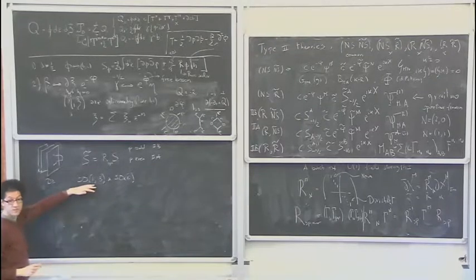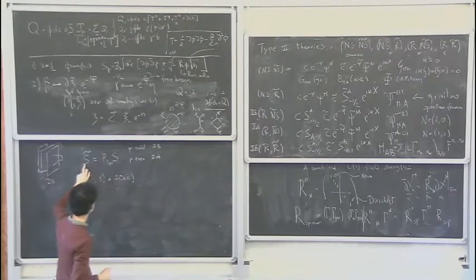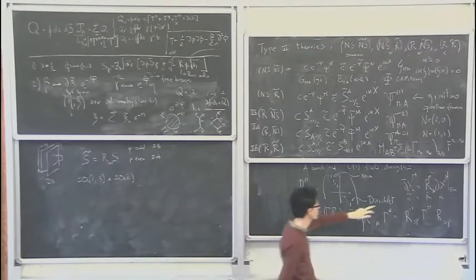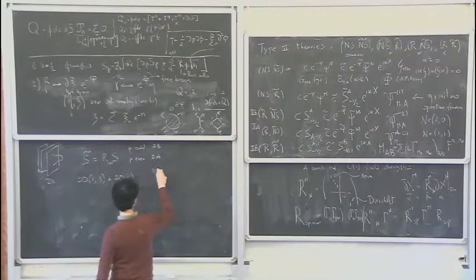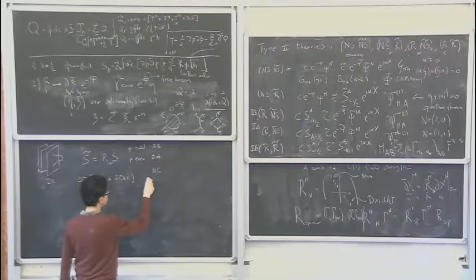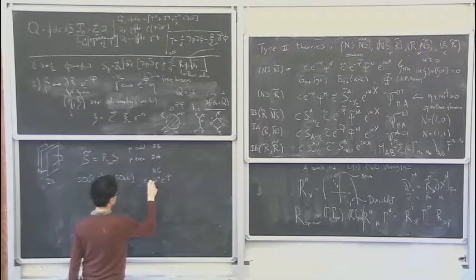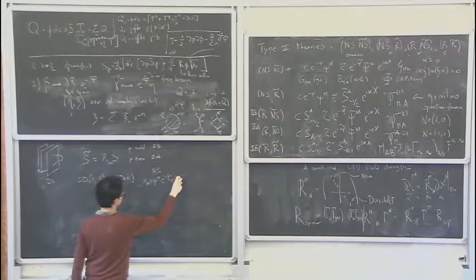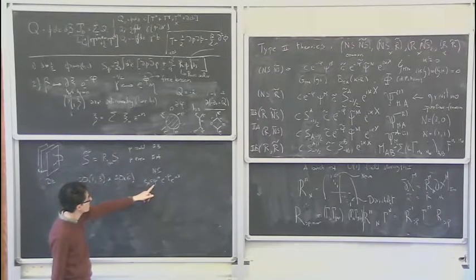So in this case, you just focus on the holomorphic part. The anti-holomorphic part is determined by this relation and this relation. And the holomorphic part contains a Neveu-Schwarz sector, and this Neveu-Schwarz sector contains a vector. So this is the massless state psi to the minus phi, e to the ikx, times the polarization.